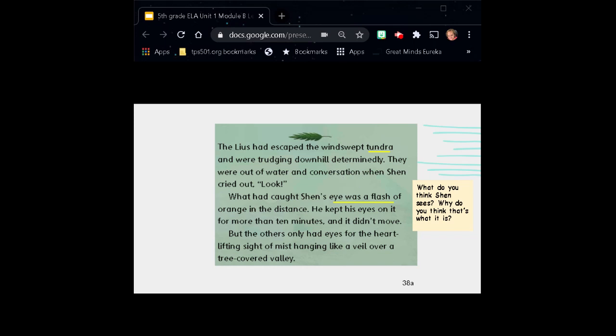The Luz had escaped the windswept tundra and were trudging downhill determinedly. They were out of water and conversation when Shen cried out, "Look!" What had caught Shen's eye was a flash of orange in the distance. He kept his eyes on it more than 10 minutes, and it didn't move. But the others only had eyes for the heart lifting sight of mist hanging like a veil over a tree covered valley.